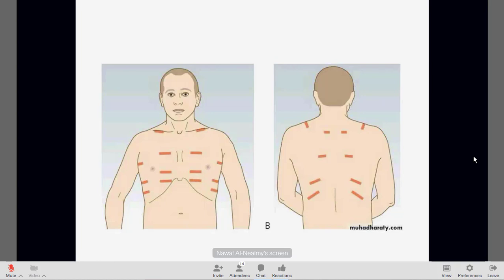يعني ما حاجة تخلون يدك من اليسار قبل percuss over the clavicle.